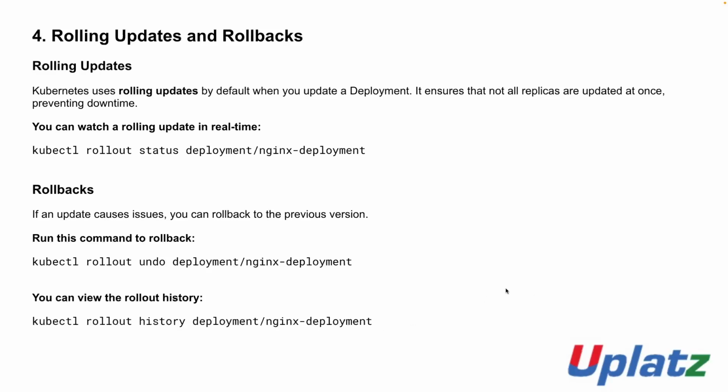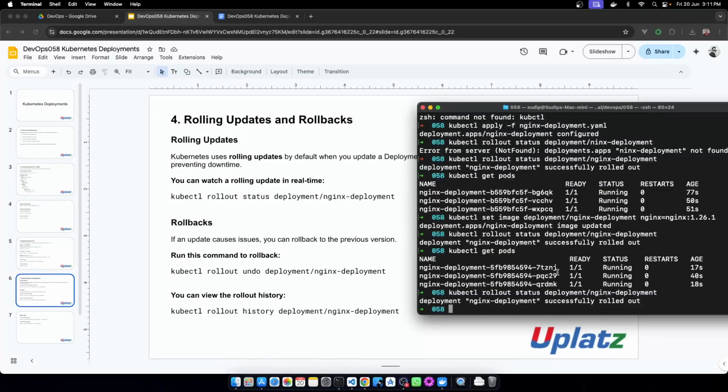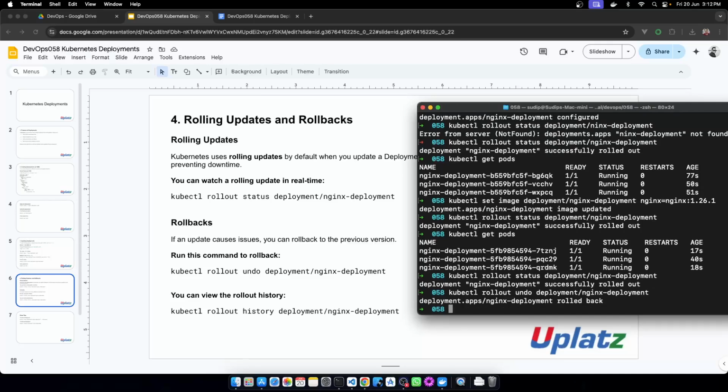So let's try this. kubectl rollout undo deployment nginx-deployment. Deployment rolled back.